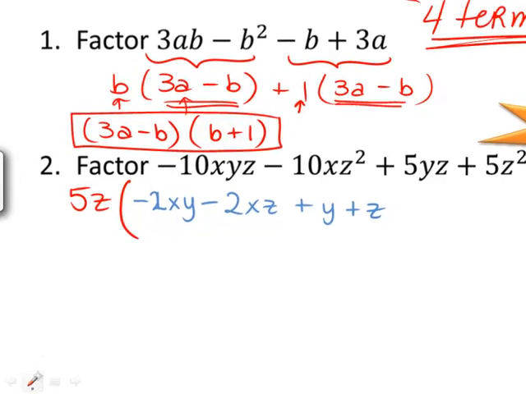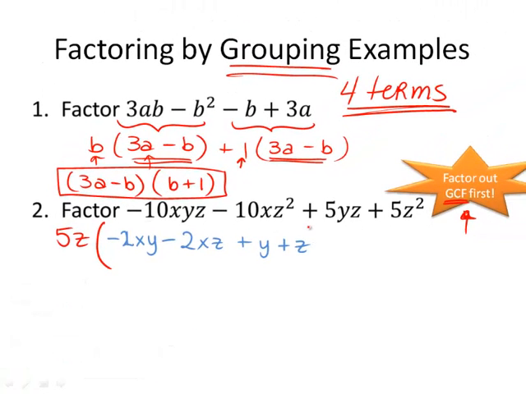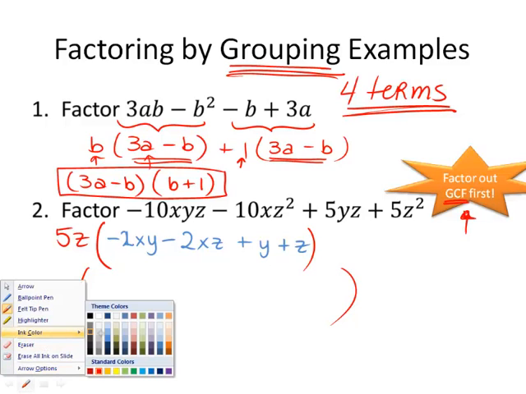So we've got this blue expression to now factor using grouping. So we're going to keep the 5z out, leave it out, and pretend it's just hanging out. Remember to rewrite it at the end. So let's work on the blue step.